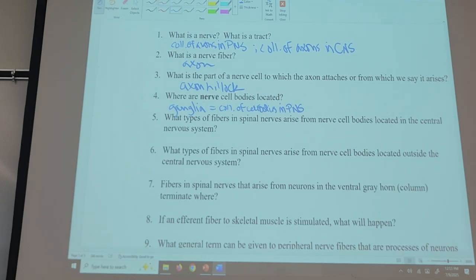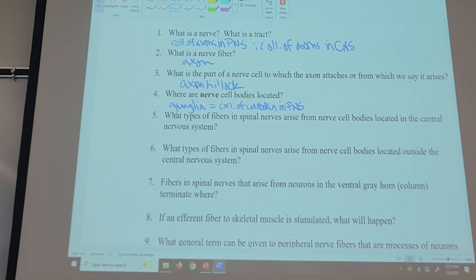Okay, these next questions are gonna be good, because they're gonna give you a better idea of terminology. So, what types of fibers in spinal nerves arise from nerve cell bodies located in the CNS? Let's break down the question first. What types of fibers? What two types of axons have we learned?